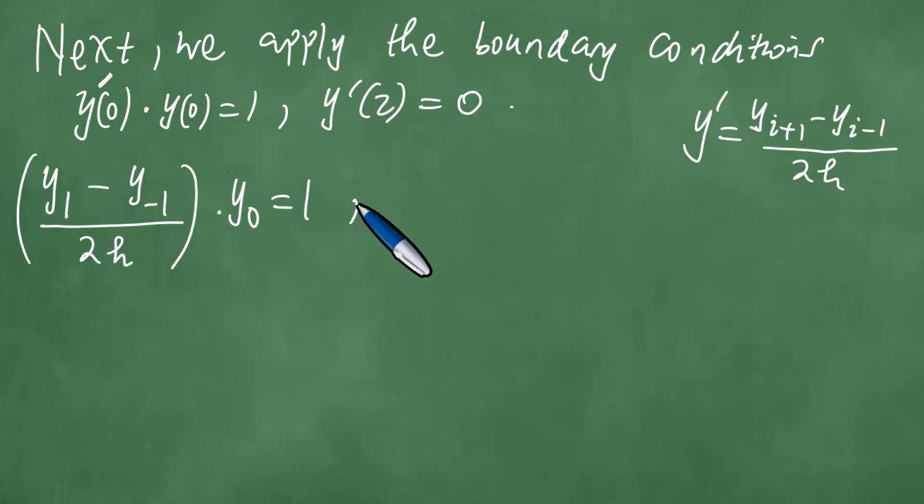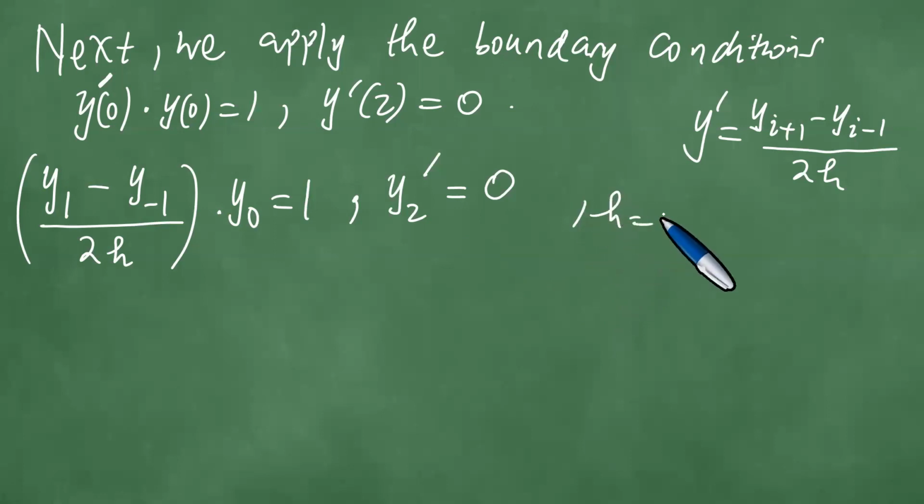So, which means, now this one here, we have seen that it is the same as y2 primed, which equals 0. And obviously we look at this and we substitute here h equal to 1, which is delta x in this problem.